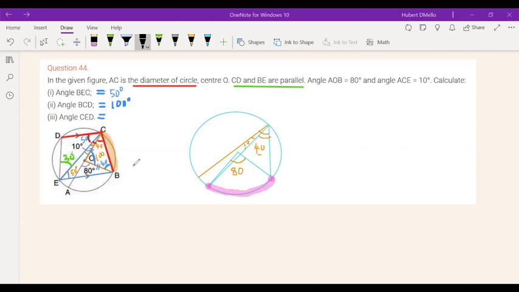And why is it 80 degrees? Opposite angles of a cyclic quadrilateral are supplementary. Did you get that, Andrea? Yes, sir. So this is 30. CED is 30 degrees.